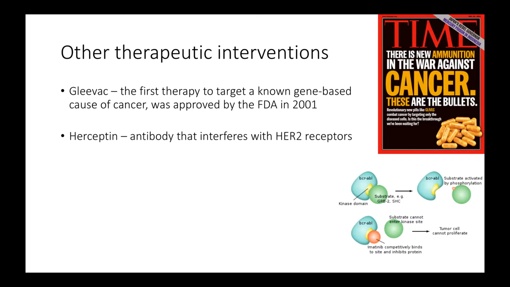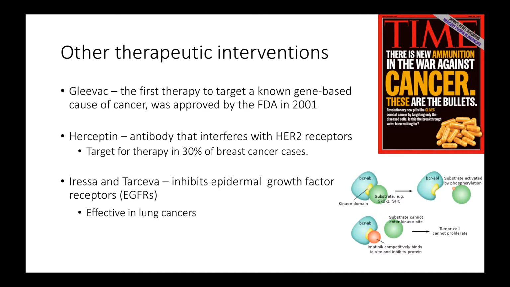In addition to this, Herceptin has been developed, an antibody that interferes with HER2 receptors and is targeted for therapy in around 30% of breast cancer cases. Iressa and Tarceva are drugs that have also been developed, and they inhibit epidermal growth factor receptors, EGFRs.